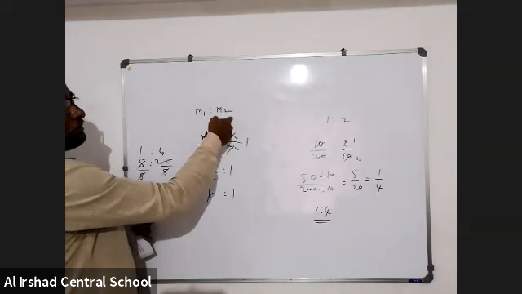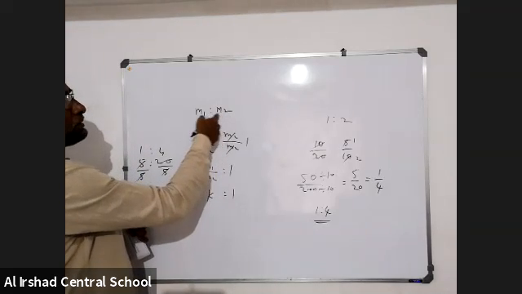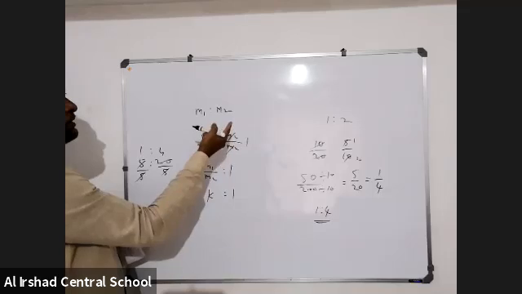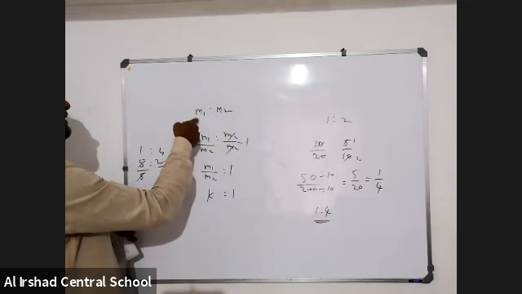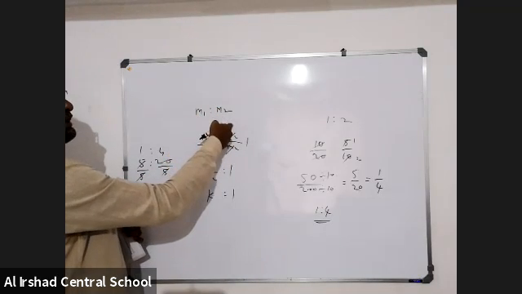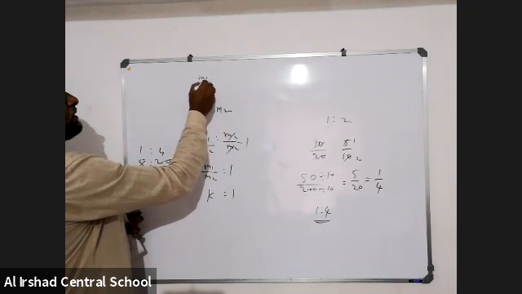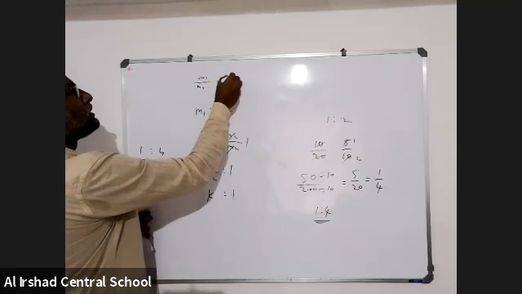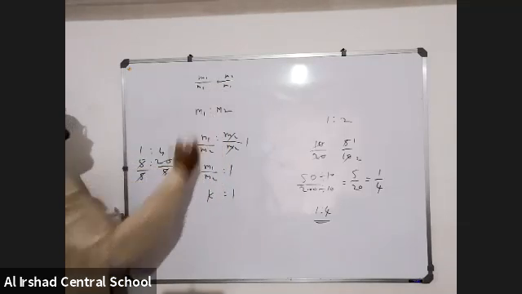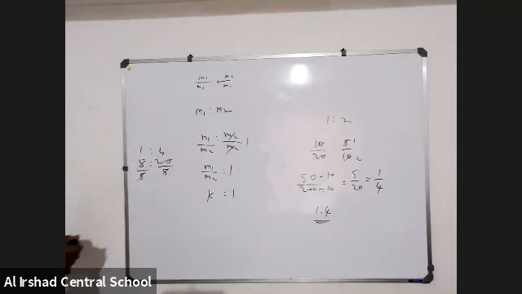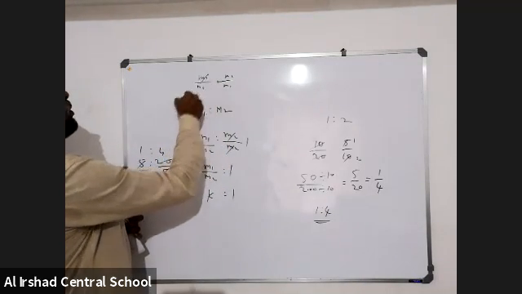It is not wrong. Can I divide by M2? Yes. I can divide by M1 also. No problem. If I am dividing by M1, I will get 1 is to K here. Suppose M1 divided by M1 equals M2 divided by the same thing. That means this is 1.